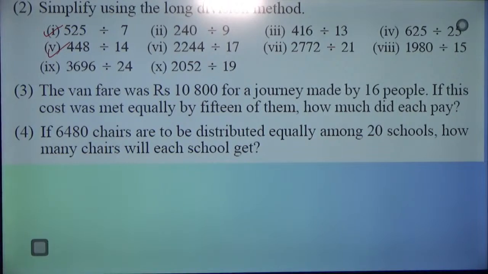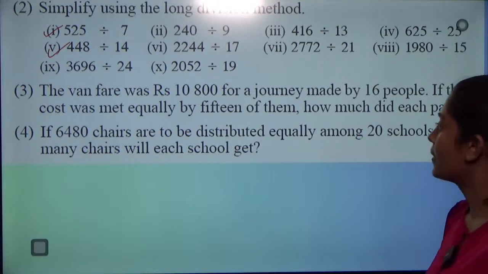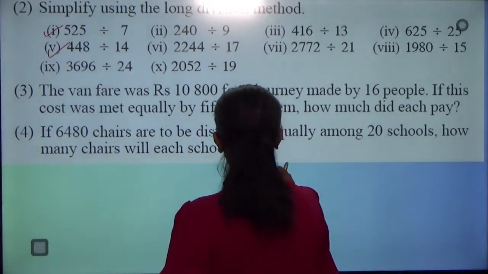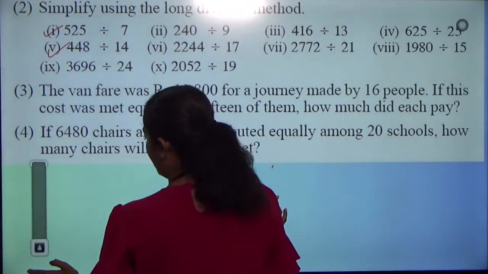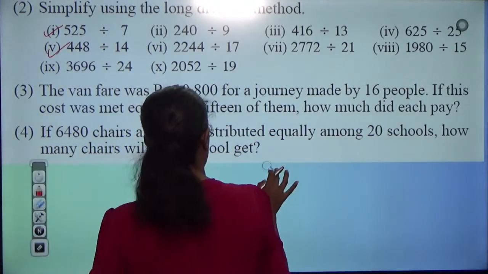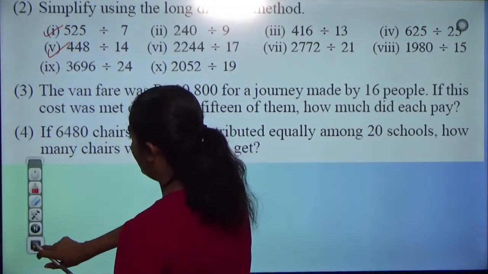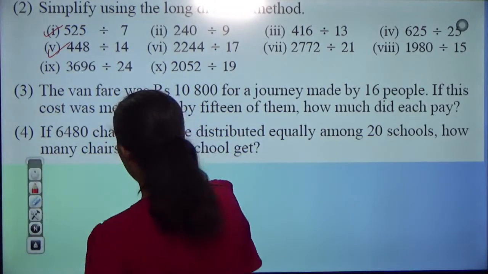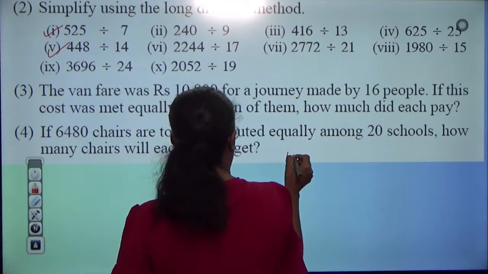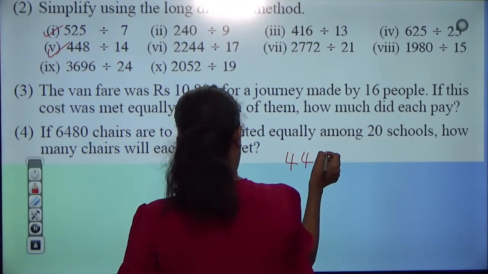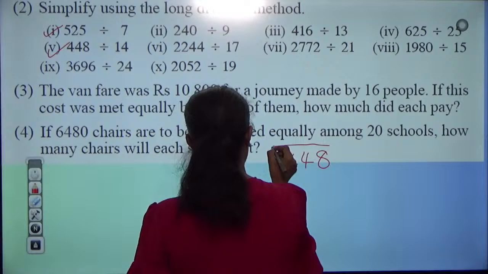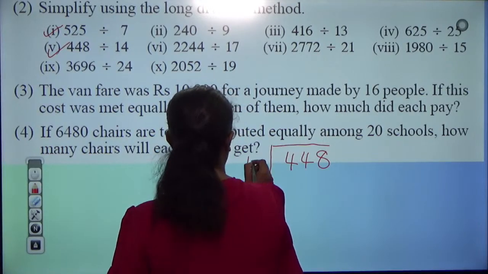Teacher, how do we do this? Shall I explain this? Okay. 448 you have to divide by 14.